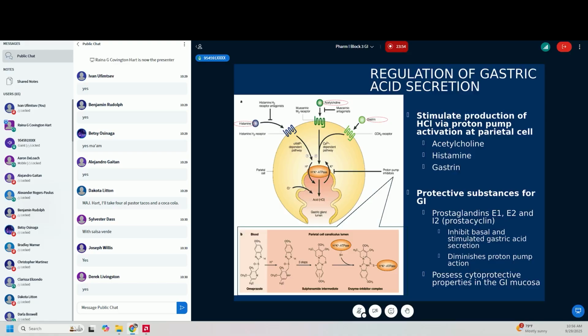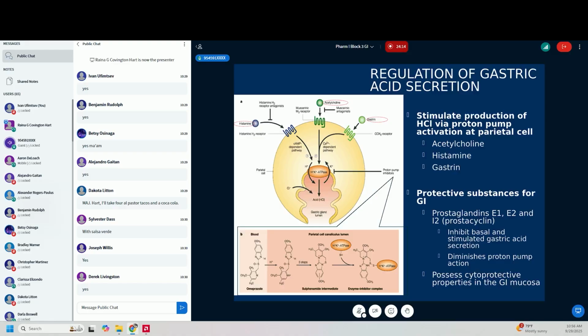Naturally, our body has prostaglandins, which also try to stop some of this acid production and protect the GI lining. So this is also a natural combatant against the proton pump, okay?